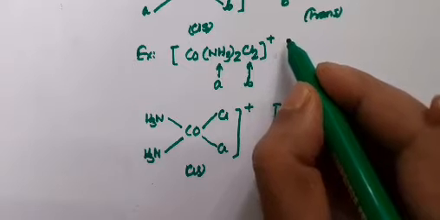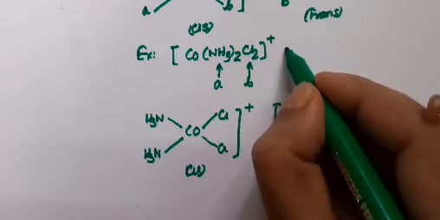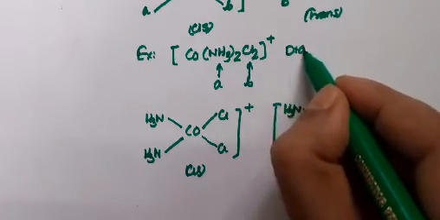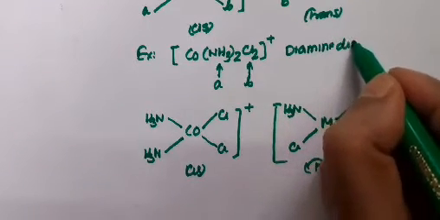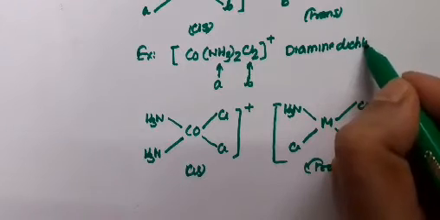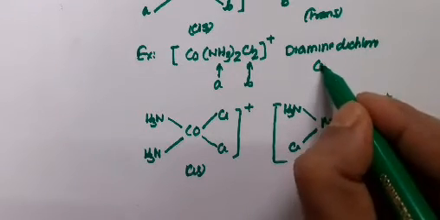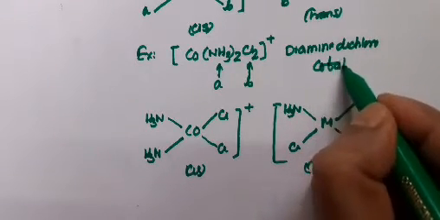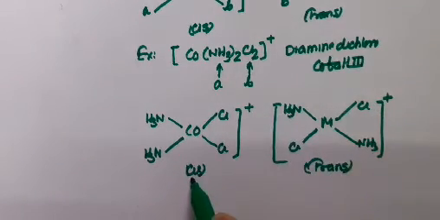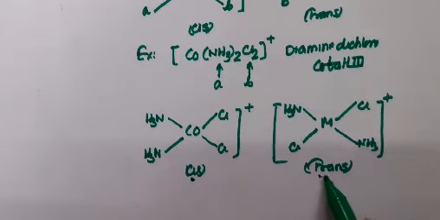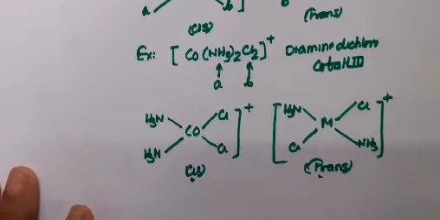You can write the name of the given complex, and it is diamminedichlorocobalt(III). So this one is cis-diamminedichlorocobalt(III) and this one is trans-diamminedichlorocobalt(III).